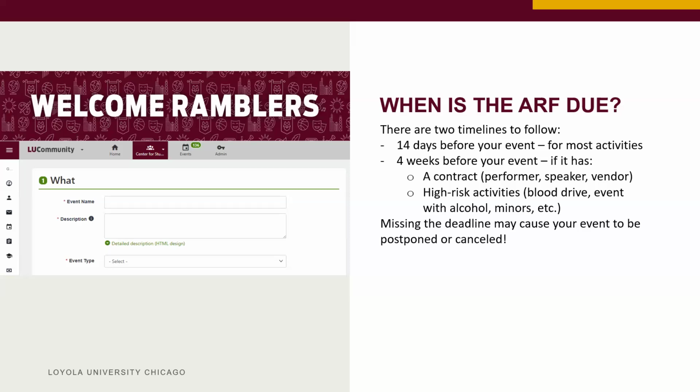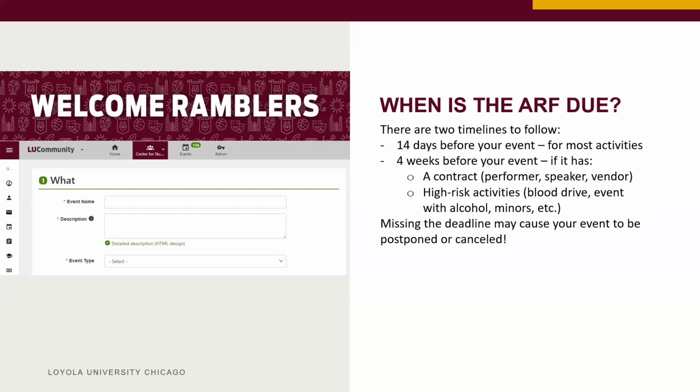So the allocations committee receives the budget request, and then they take a week or so to review them and to provide that funding. So you want to make sure that your event is happening 2 to 4 weeks after that decision is made by the allocations committee, so that you have enough time to submit your ARFs, or your president or whoever has enough time to submit the ARF and those additional documents.